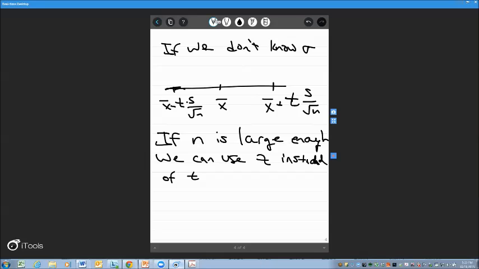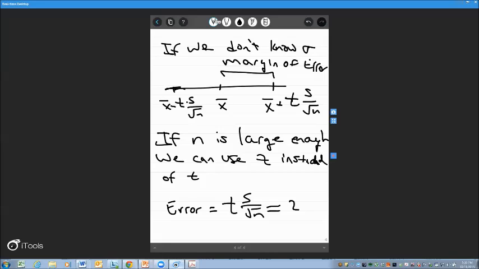If I look at this distance, this is called my margin of error. So, in other words, the error is equal to t times s over the square root of n, which is approximately z times s over the square root of n.